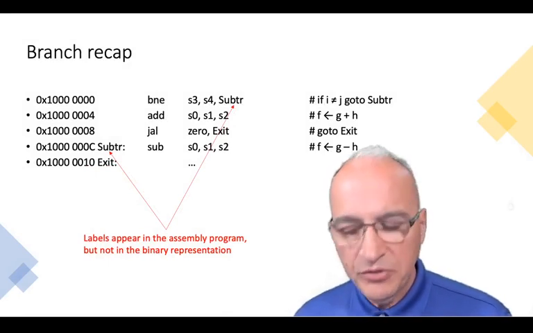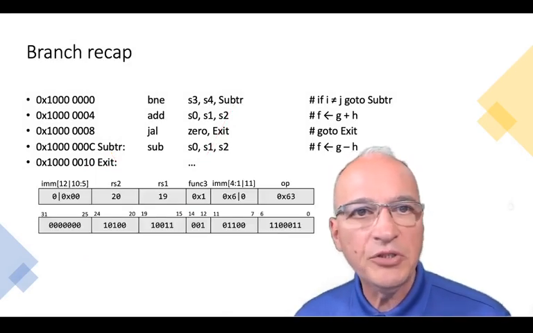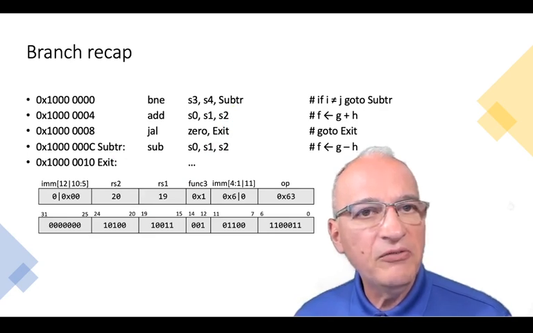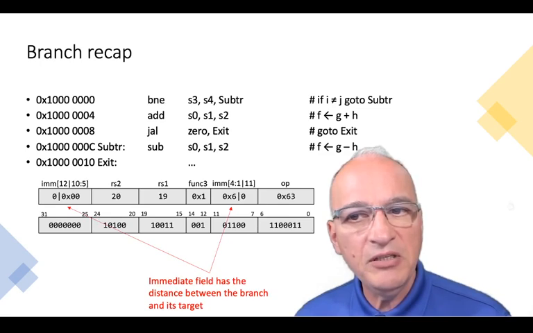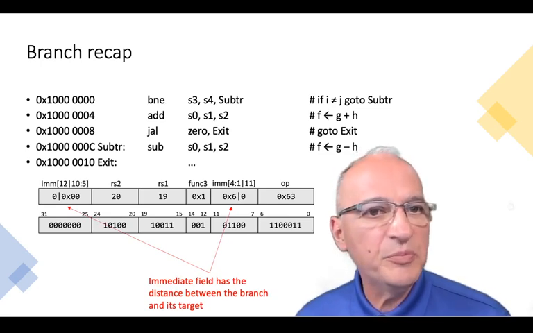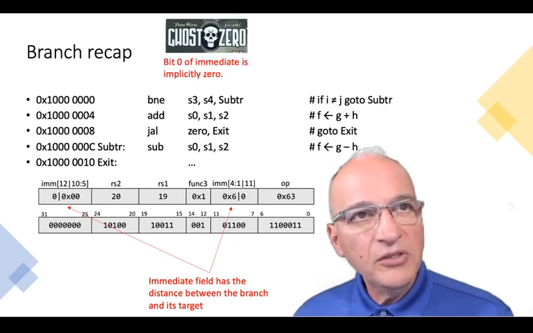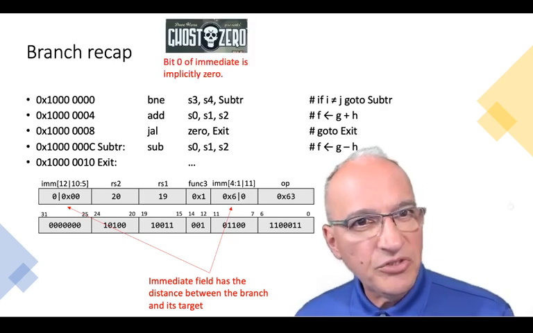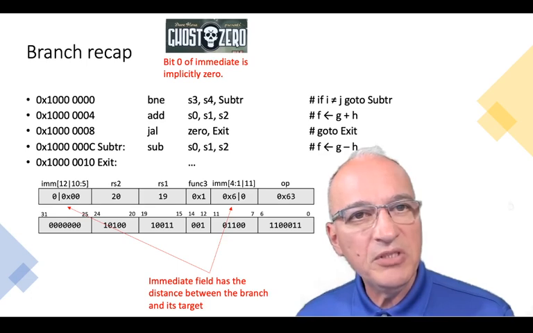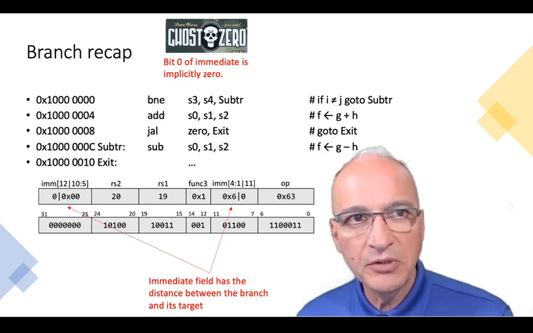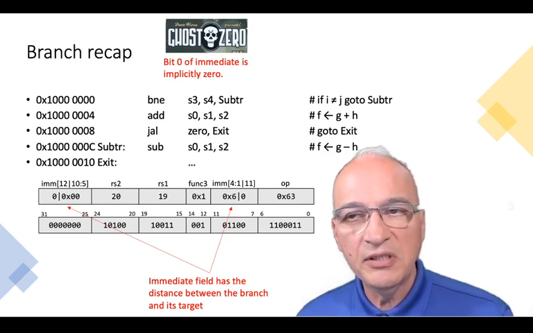We have also learned in this part of the lecture that the format for the branch instruction is such that the immediate field has the distance between the branch and the target. We also have learned that there is this ghost 0. The bit 0 of the immediate field never appears in the instruction. It is always implicitly equal to 0.